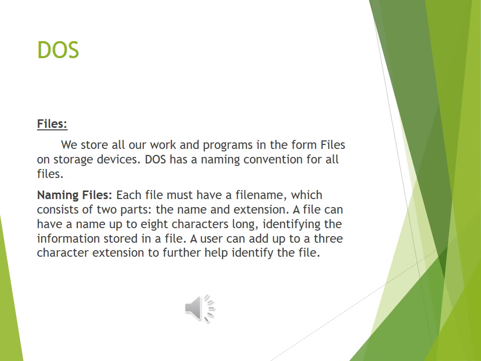A file can have a name up to 8 characters long, identifying the information stored in a file, and it's up to you what name you save it by. A user can add up to a 3-character extension to further help identify the file.